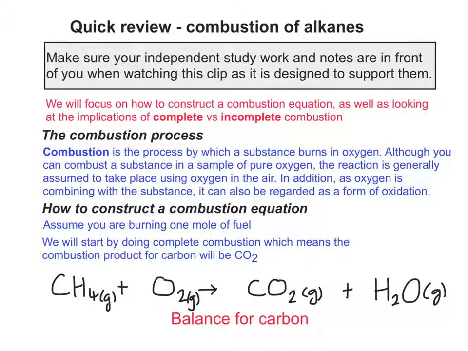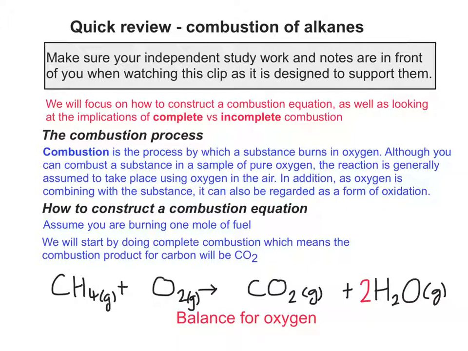So I put in my carbon dioxide and my water. I now need to balance for carbon, but I can already see that there's 1 carbon on the left and 1 carbon on the right, so that's done already. So the next thing to do is to balance for hydrogen. Now on the left I've got 4 hydrogens, and on the right I've got 2. That means I've got 2 moles of water being produced from 1 mole of methane.